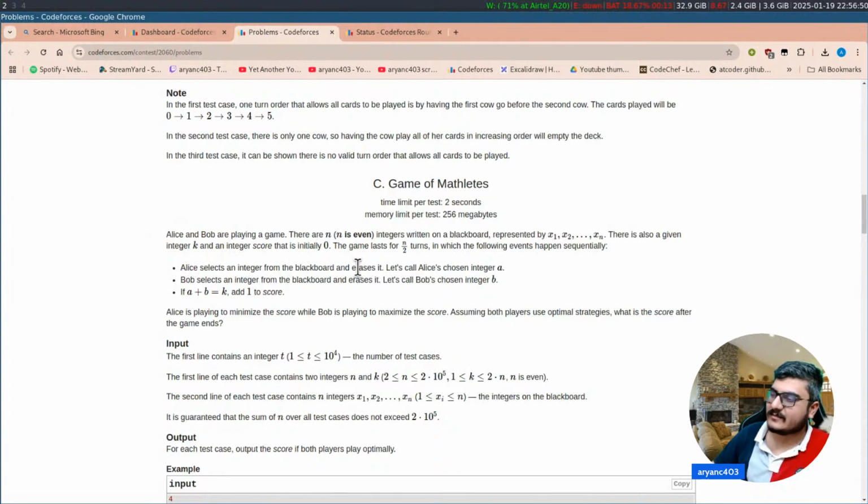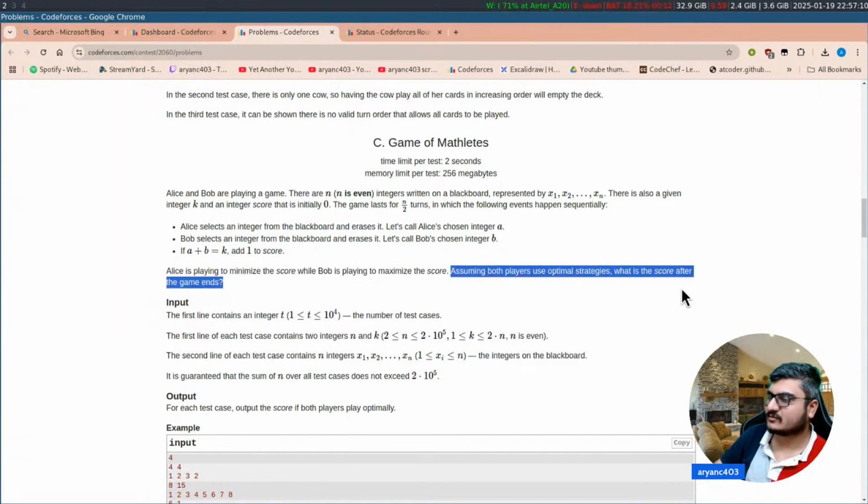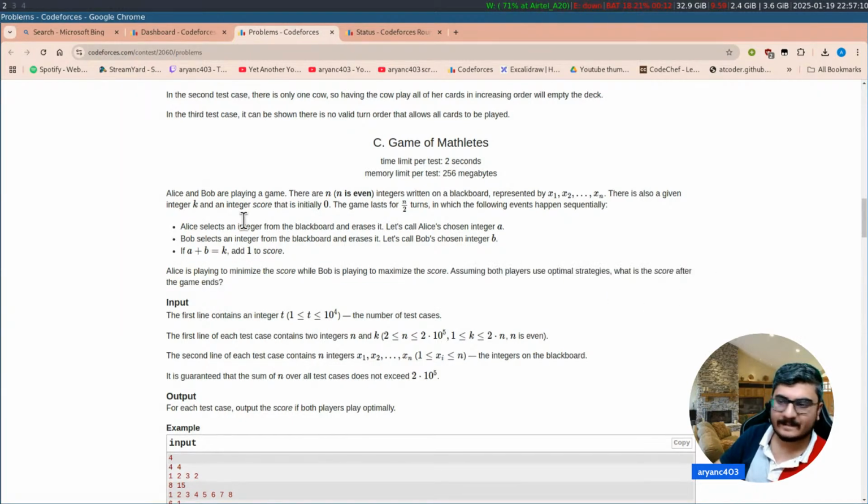Alice selects an integer from the blackboard and erases it. Let's call Alice's chosen number A. Bob selects an integer from the blackboard and erases it. Let's call Bob's chosen number B. If A plus B is equal to K, add 1 to the score. Alice is playing to minimize the score while Bob is playing to maximize the score. Assuming both players use optimal strategy, what is the score after the game ends?